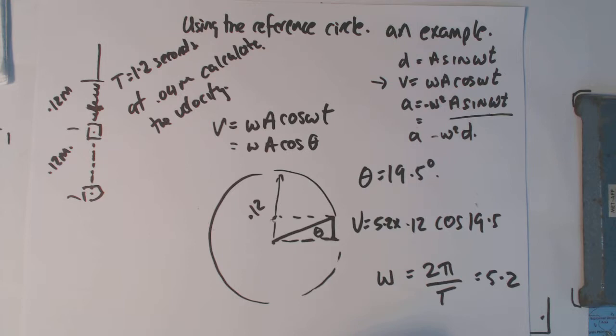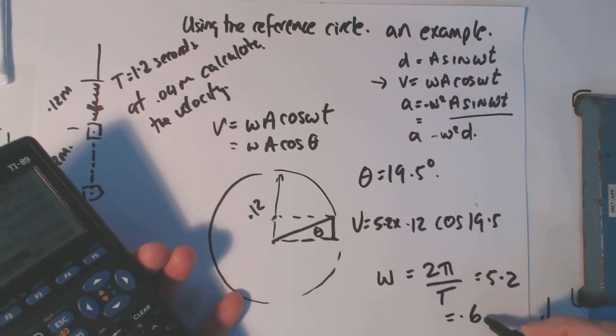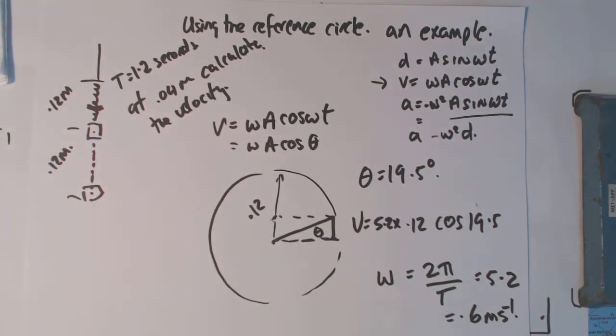So let's do that. 5.2 times 0.12 times the cos of 19.5. And I've got 0.588, about 0.6. And that's a velocity. That was pretty easy.